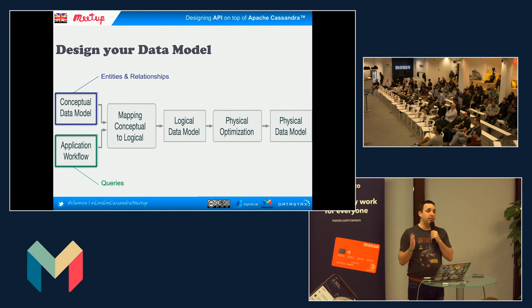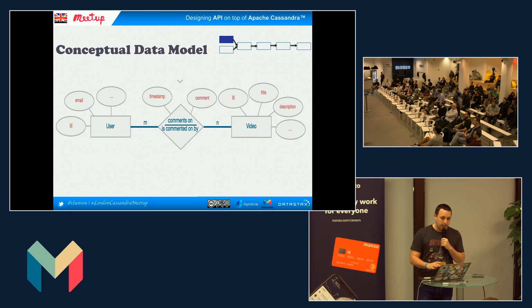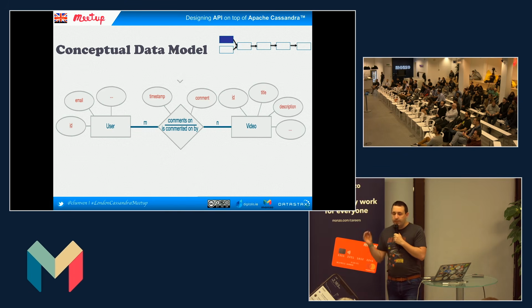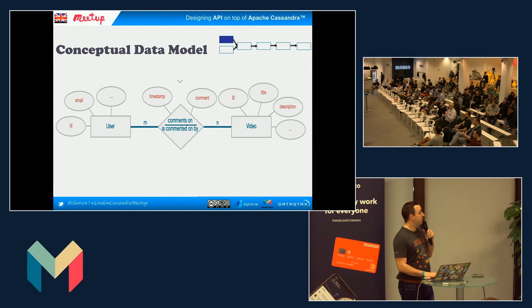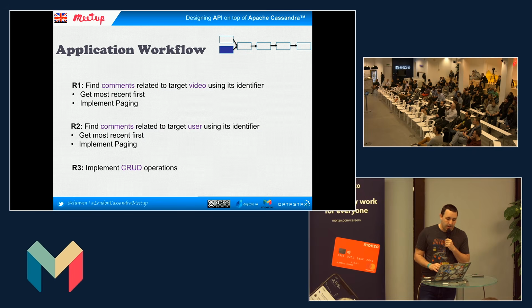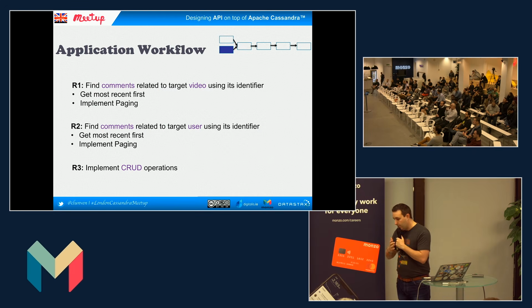On the killer video application, you can create some videos and put some comments on the video. So 2 entities, user and video, and we will provide comments. I put the attributes here. This is my conceptual data model. I have my application workflow, a couple of queries, because I have 2 screens.